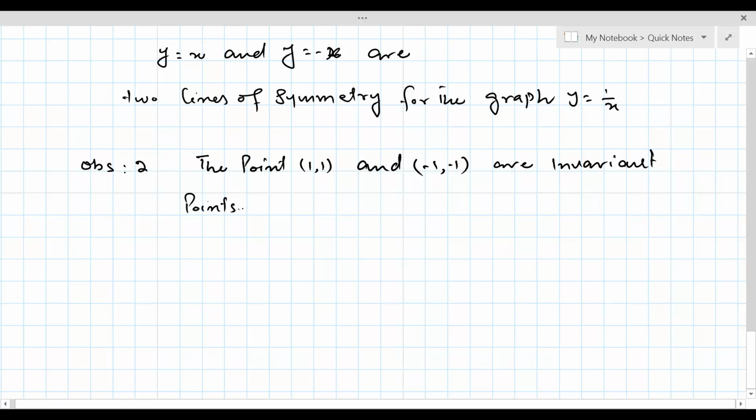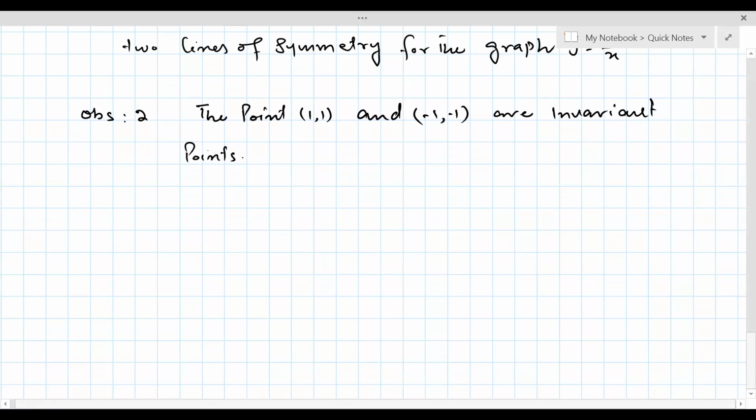But there is one more thing that we observe, observation 3.